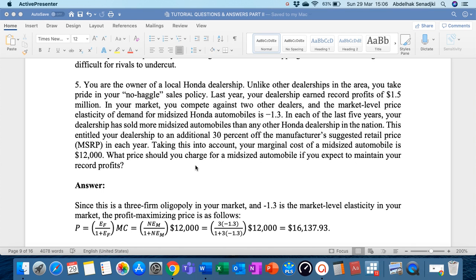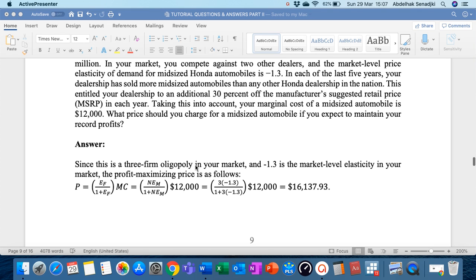In each of the last 5 years, your dealership has sold more mid-size automobiles than any other Honda dealership. So this entitles your dealership to an additional 30% of the manufacturer suggested retail price in each year. Taking this into account, your marginal cost of the mid-size automobile is 12,000. What price should you charge for a mid-size automobile if you expect to maintain your record profit?